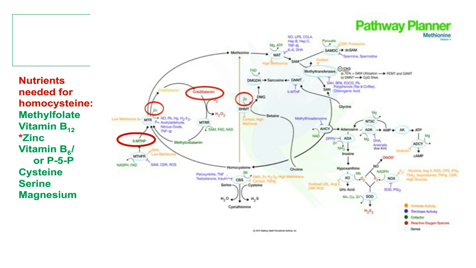We'll go on now to vitamin B6 at the bottom of the methionine pathway, where homocysteine comes down through the CBS enzyme, but it's only going to do that if we have adequate B6. I have listed here B6 or P5P. Research shows us that approximately 25% of individuals do not metabolize vitamin B6 to P5P, pyridoxal 5-phosphate, very well.